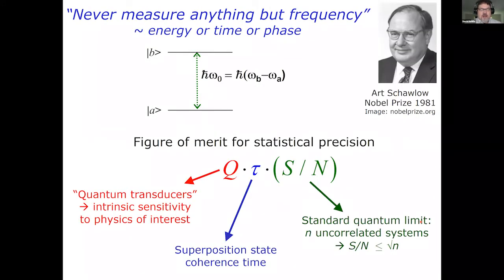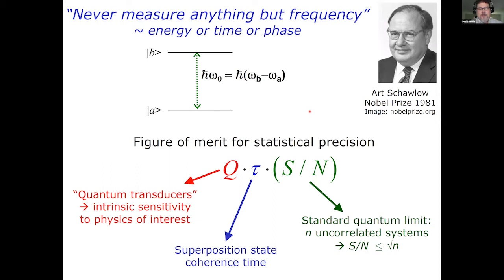In large part because of the success of atomic clock technology, I think the entire atomic physics community has agreed with Schawlow's dictum that you should never measure anything but frequency. Of course, frequency is always equivalent to energy or time or phase. So in all the measurements I'll be talking about, we're essentially measuring some energy splitting or a shift in an energy splitting between two levels in an atom or a molecule.